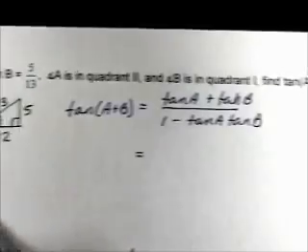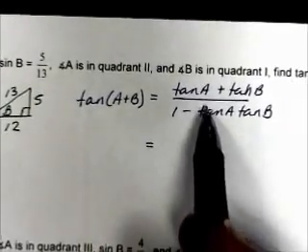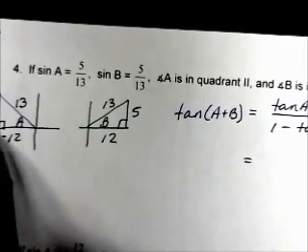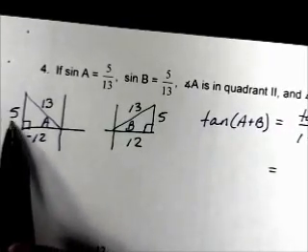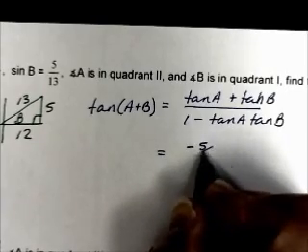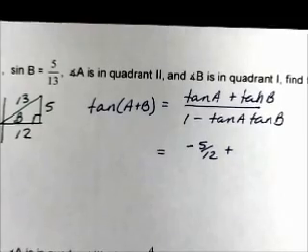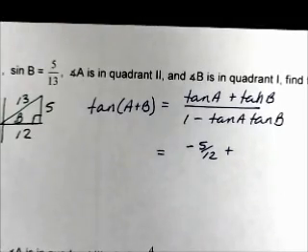Tangent of A is going to be, that's opposite over adjacent, right? That's going to be 5 over negative 12, or negative 5/12, plus the tangent of B. Tangent of B, opposite over adjacent, is positive 5/12.